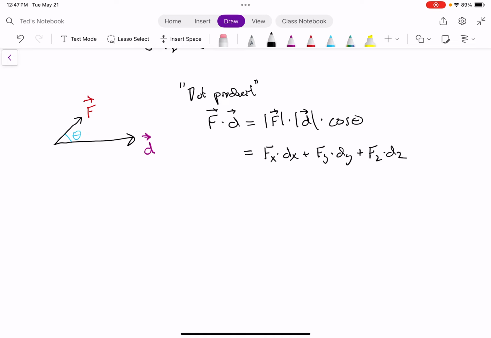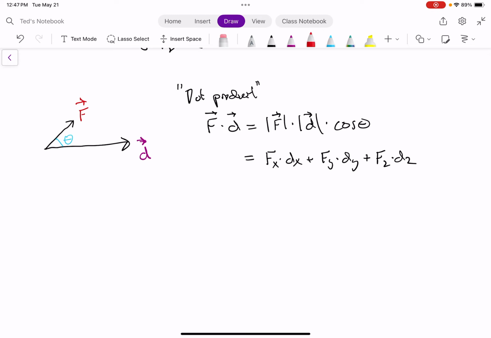So if you take the x component of the first vector and multiply it by the x component of the second vector, add to that the y component of the first vector times the y component of the second vector, add to that the z component of the first vector times the z component of the second vector, that will also give you the correct answer for the dot product, which means that these 2 things are also equal to each other, which can be useful for certain problems.